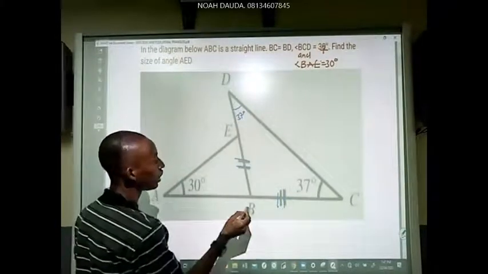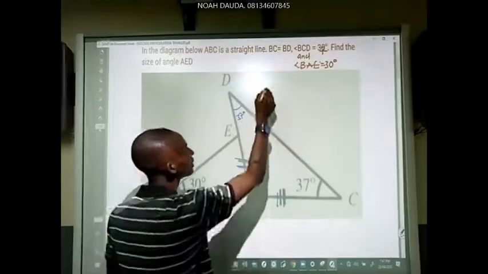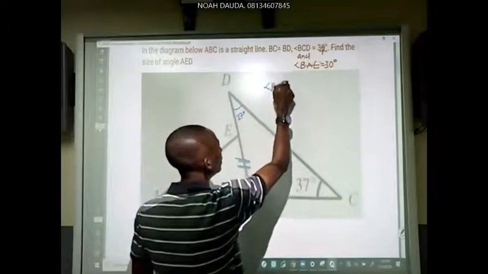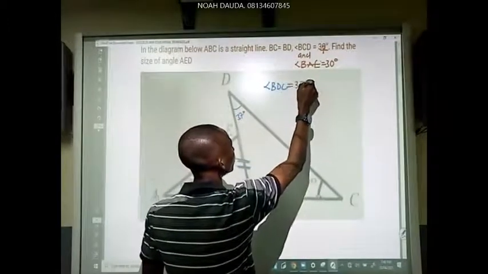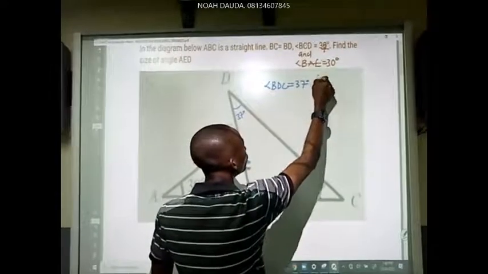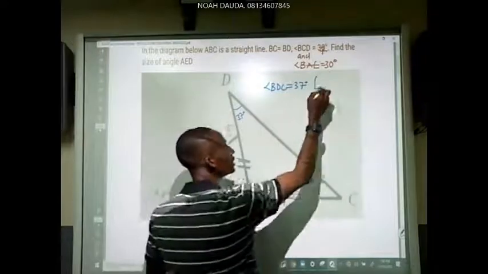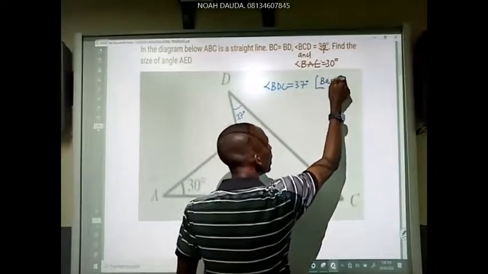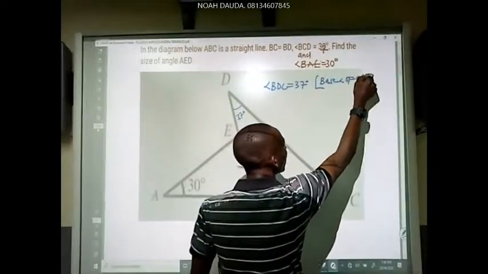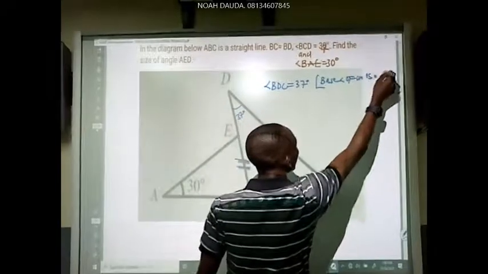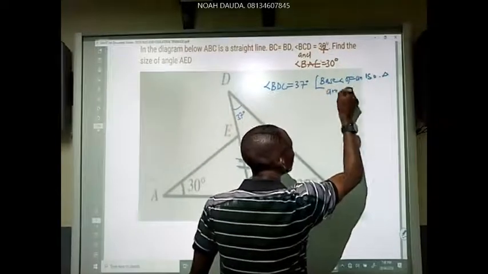So in a nutshell, your angle BDC is equal to 37 degrees. Now you need to state the theorem: base angles of an isosceles triangle are the same.